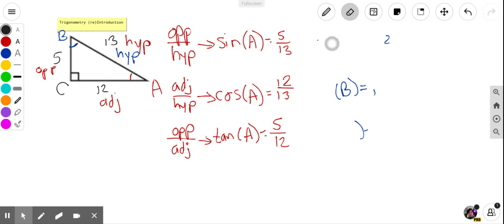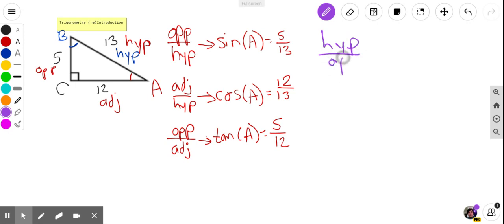All right. So what if instead of opposite over hypotenuse, I chose to talk about hypotenuse over opposite, right?